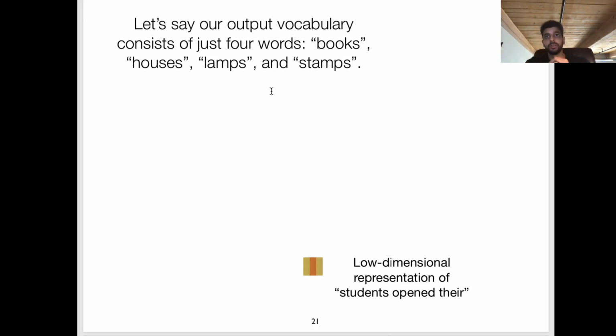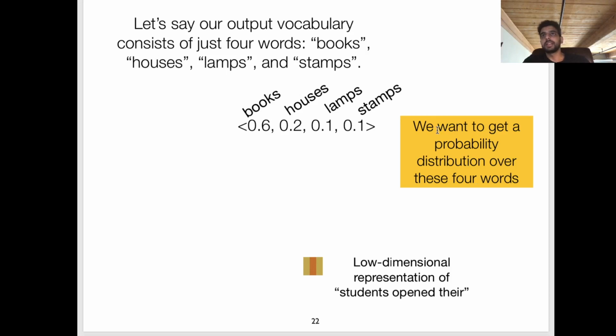Okay, so let's go into a little more detail. Let's say that our output vocabulary in this example consists of just 4 words: books, houses, lamps, and stamps. So, of course, books is like the only plausible continuation of this prefix. I guess maybe houses is plausible in some situations, but anyway, this is just a simplified example. So we're going to start with our low-dimensional representation of students open there. And what we want is to get a probability distribution over the 4 words in our output vocabulary.